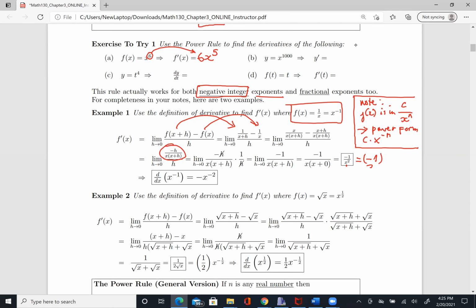I have -1 multiplied by 1 over x squared, and that becomes -1 times x to the power -2, which is negative x to the power -2. That is the reason I can conclude that the derivative of x to the power -1 is equal to negative x to the power -2.